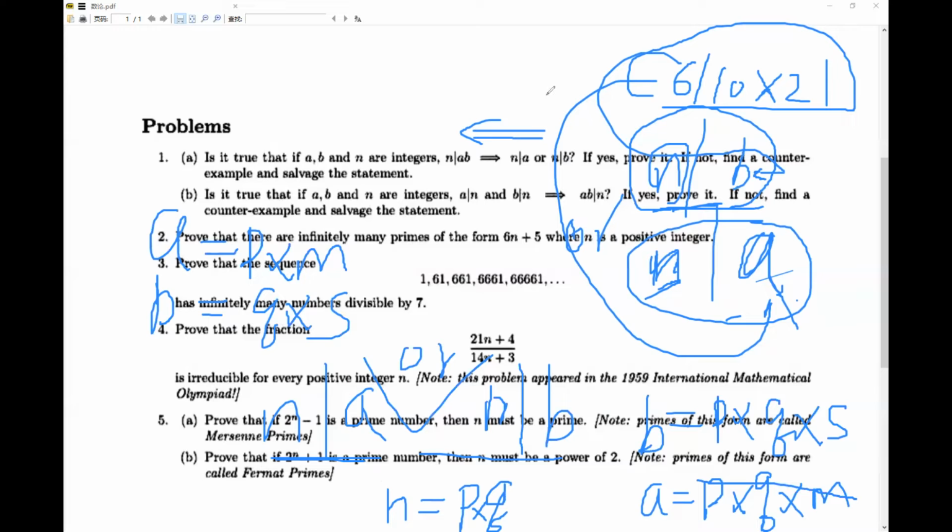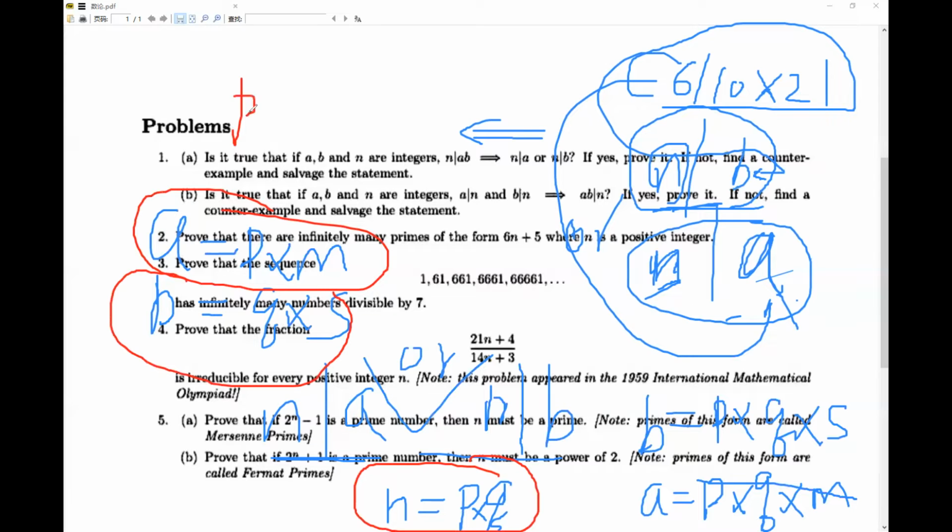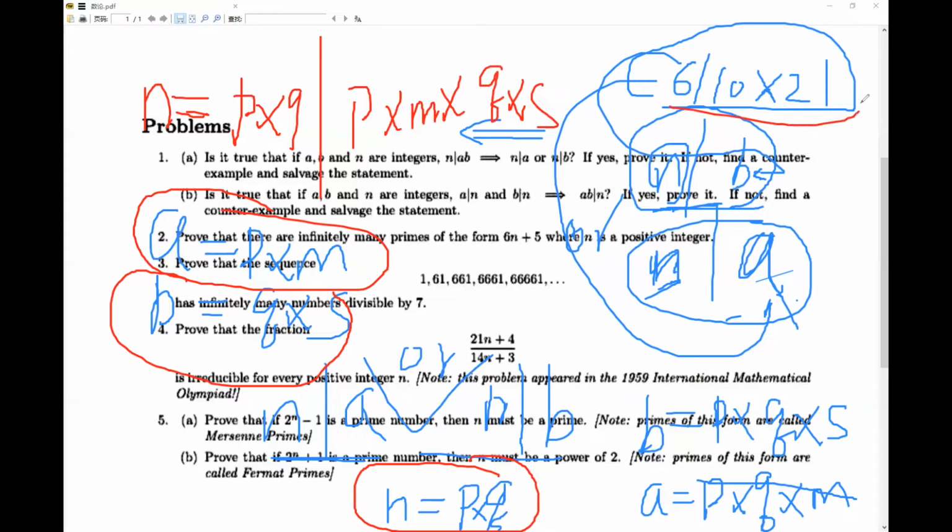In this case N is also P times Q. A equals P times M, B equals Q times S, but in total P times Q, that's N, is divisible by A and B. This is P times M times Q times S. That's the case I made up from 6, 10, and 21. Here we have factor P from A and factor Q from B, so it covered all the factors of N.